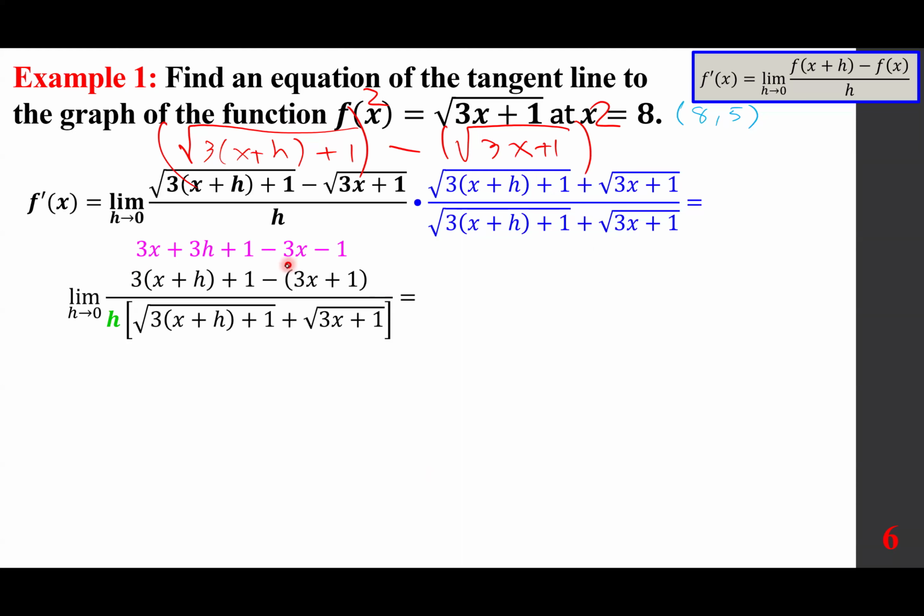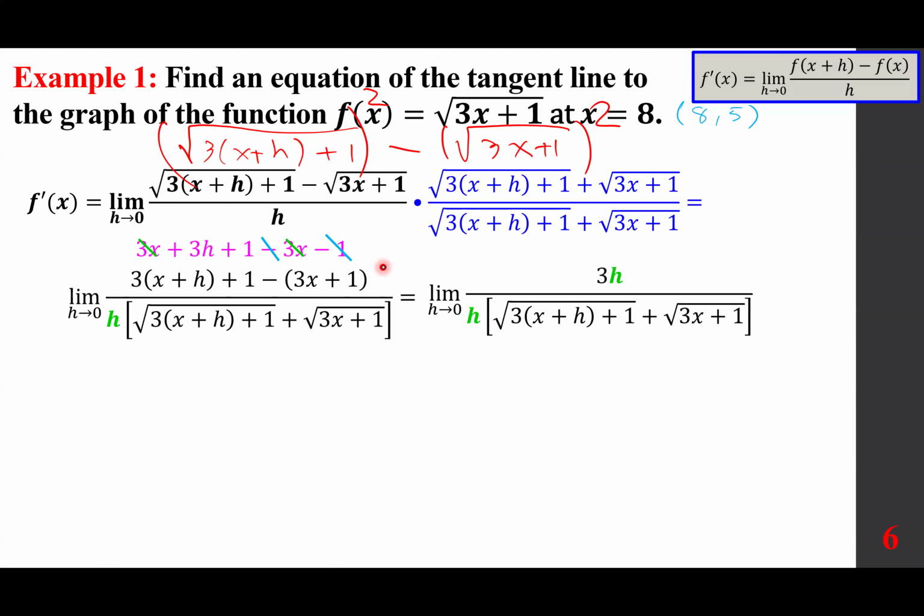3x and minus 3x cancel each other. 1 and negative 1 cancel each other. The numerator becomes 3h. Now you can cancel out the h.